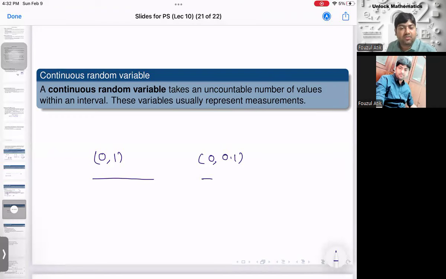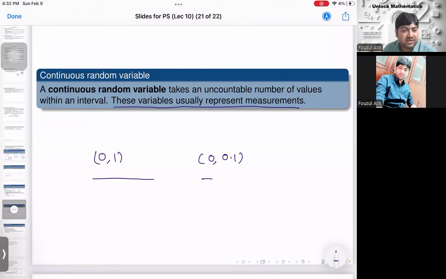You cannot count them. So a continuous random variable takes an uncountable number of values within an interval. These variables usually represent measurements.